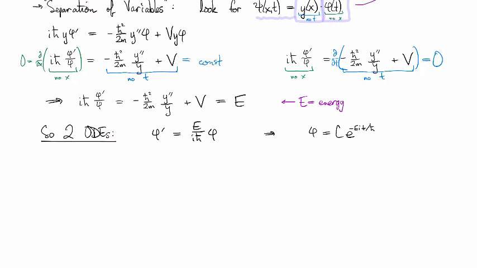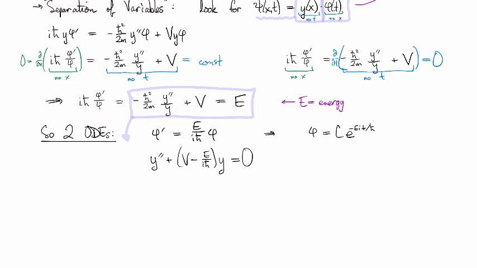And then from the fact that this part in the middle here is also equal to E, we get the other equation. And that one tells us that, let's see, tidying it up a little, y double prime plus (v minus E) over i h bar times y equal to 0.